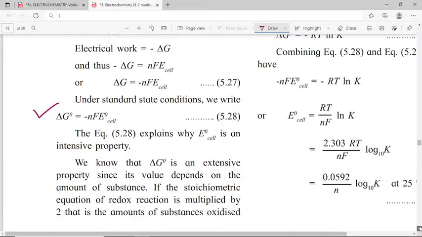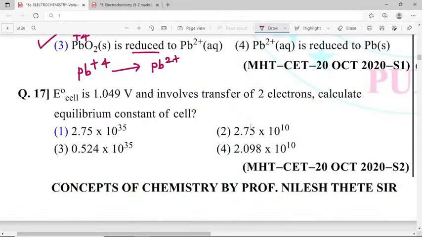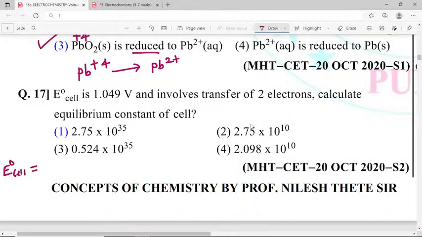This is the formula: E naught cell is equal to 0.0592 divided by n into log to the base 10 of K. K stands for equilibrium constant.